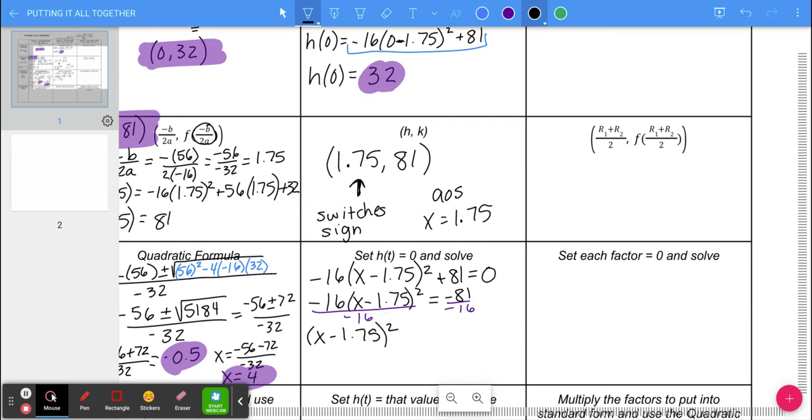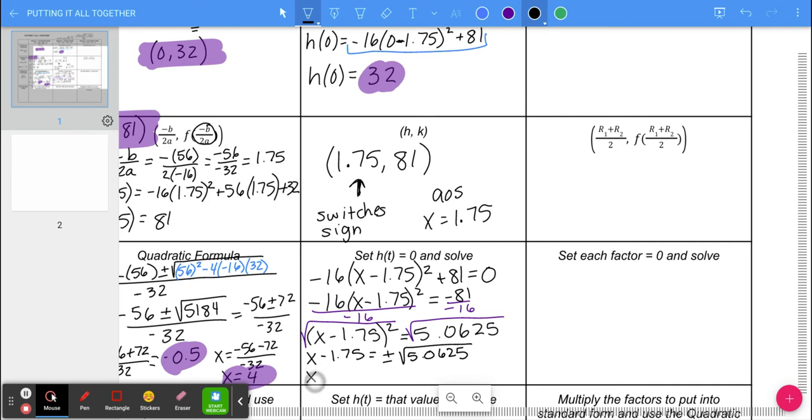When you get that, it's 5.0625. Take the square root. Remember that it's plus minus. And then you would add that 1.75 over.